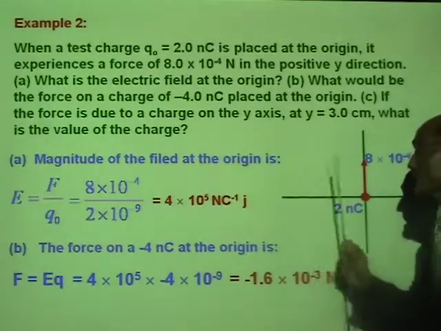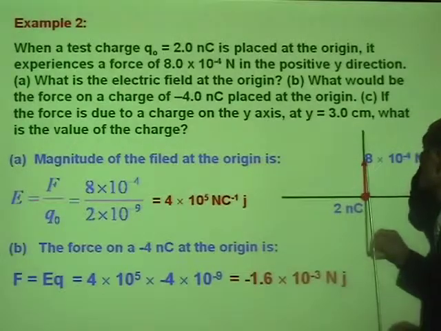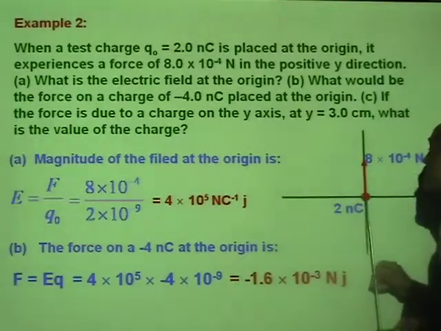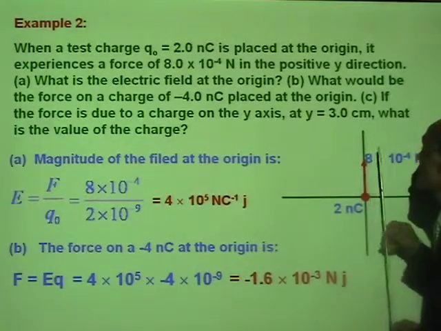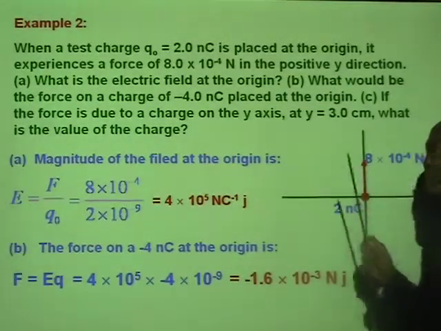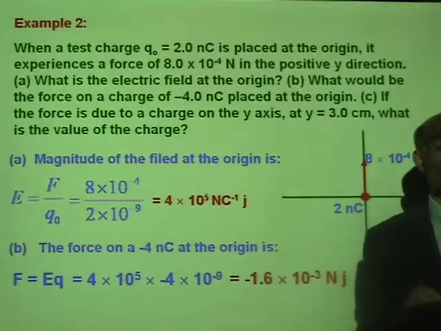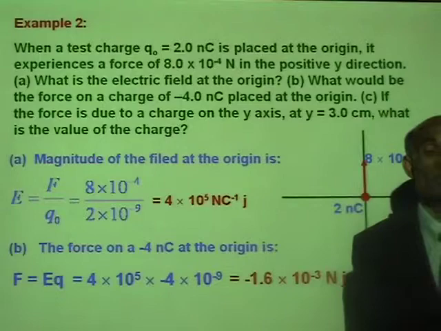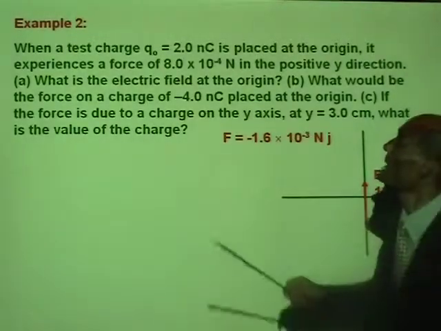In order to produce an electric field in the positive y direction at the origin, due to a charge placed at y equal to 3, should that charge be a positive charge or a negative charge? I'm going to leave it for you. I want you to think about it. Alright, let's go and do the next part.